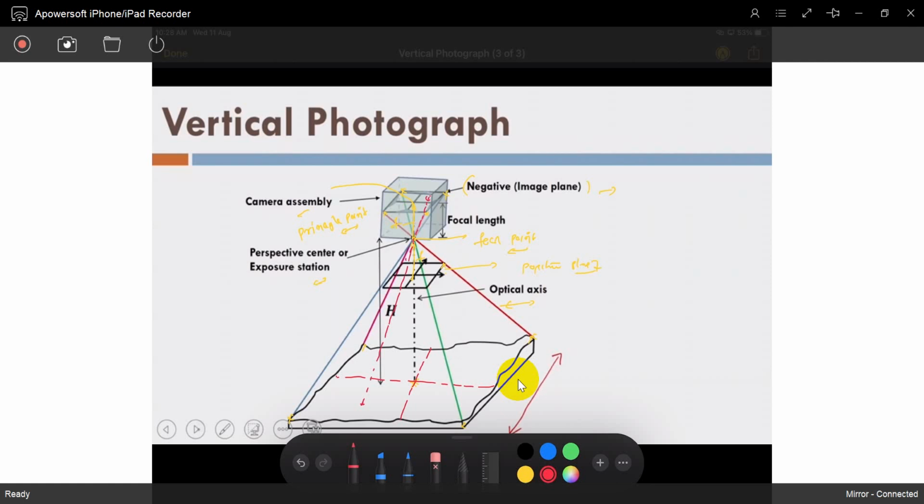This lens. Understood? So this point, somewhere here, will appear through this lens. Opposite, exactly the negative image will come.